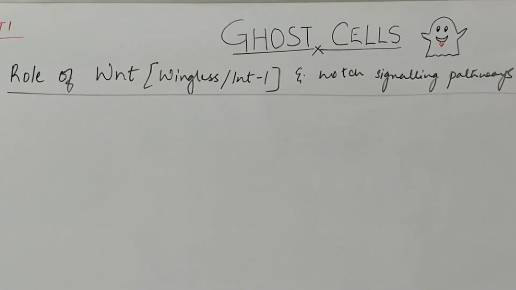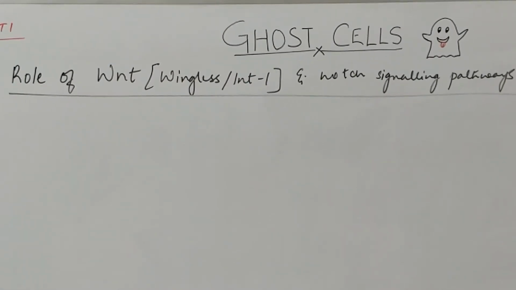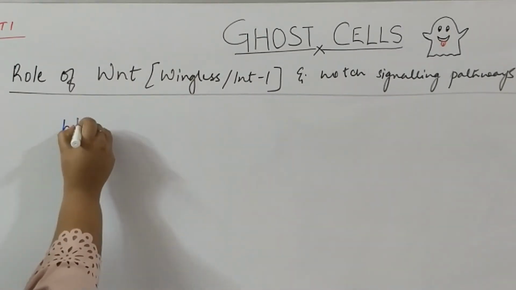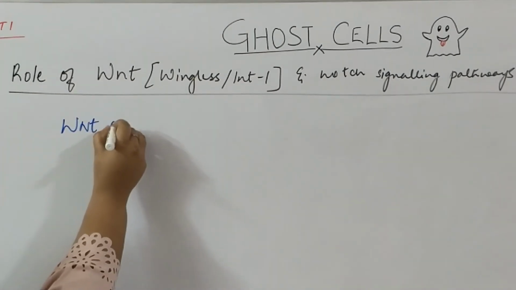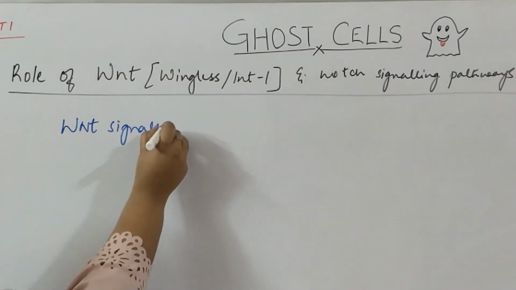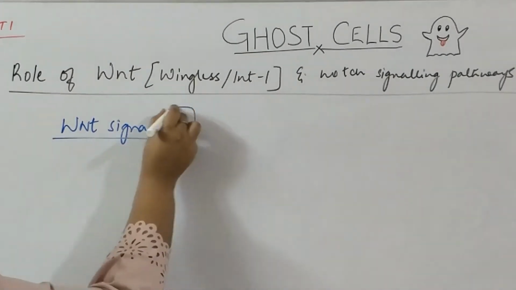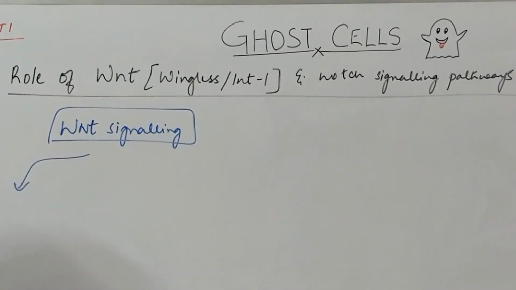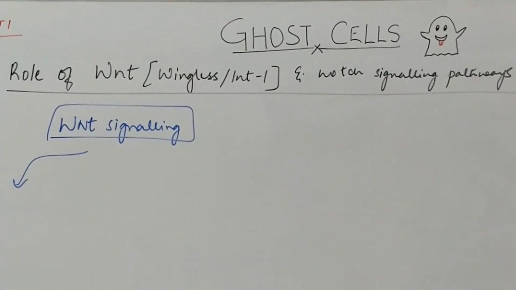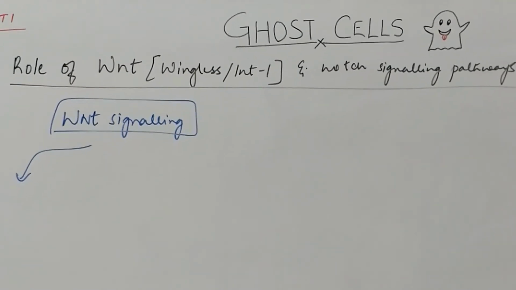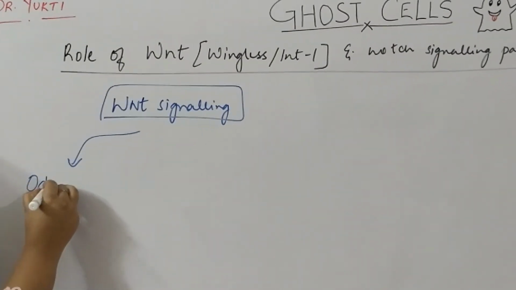So, coming to individual signaling pathways, the WNT signaling pathway is mainly important for three main things. First, and the most important to us, is odontogenesis.